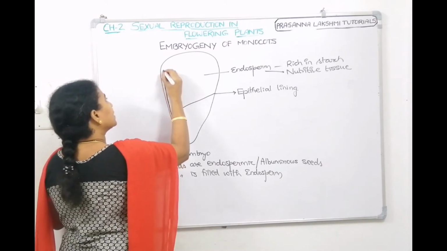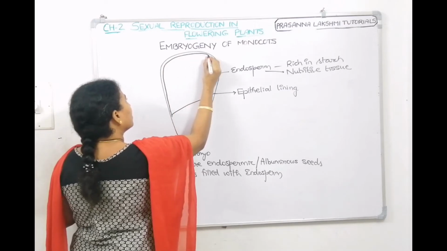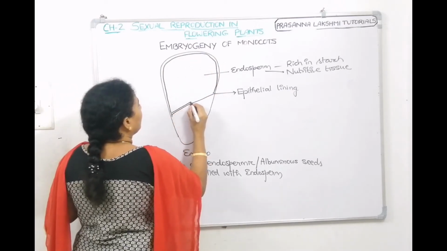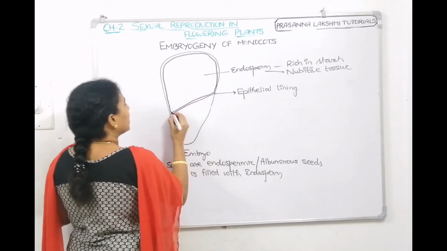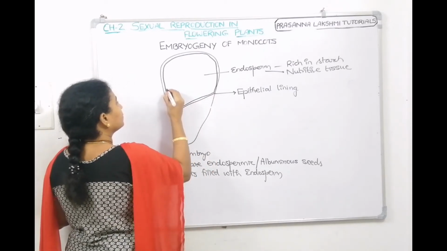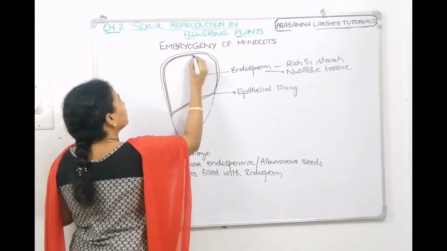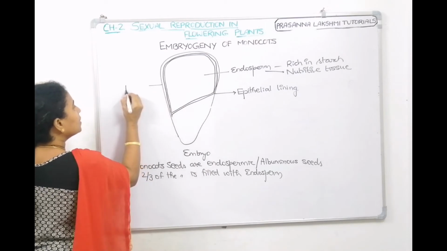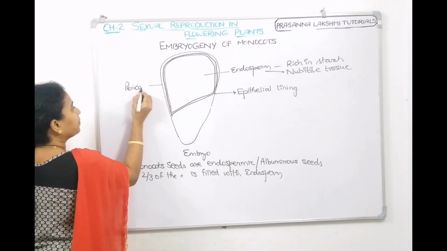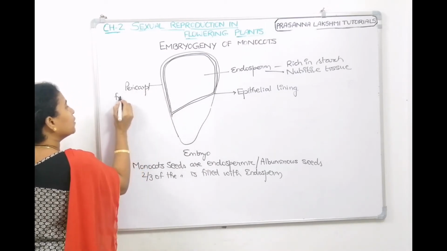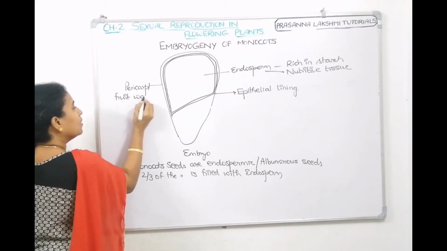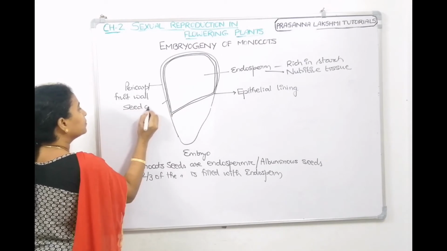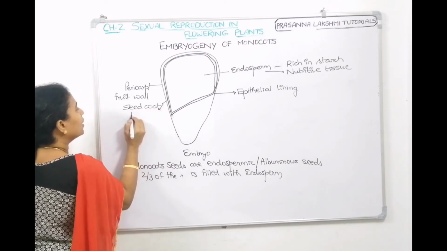The endosperm is covered by a protein-rich layer which is called the aleurone layer. And this aleurone layer is fused with the fruit wall. Now, what is this layer called? This is called pericarp. What is pericarp? It is the fruit wall. This is the fruit wall and this is the seed coat. What is the seed coat called? Testa.